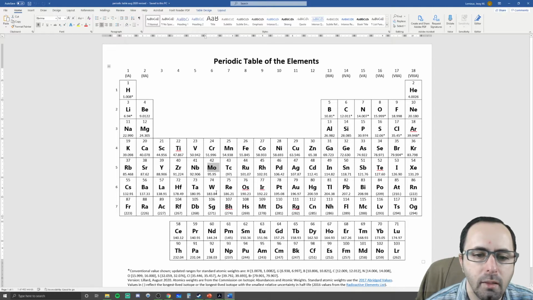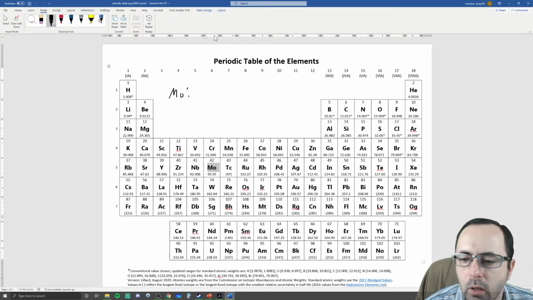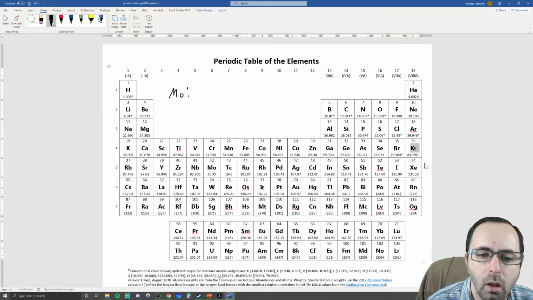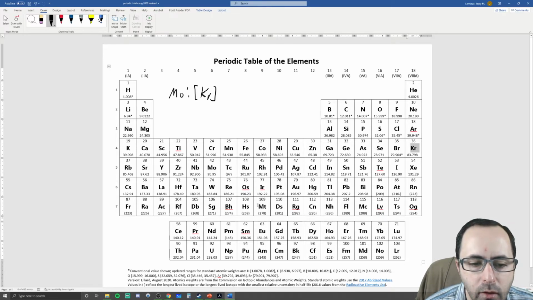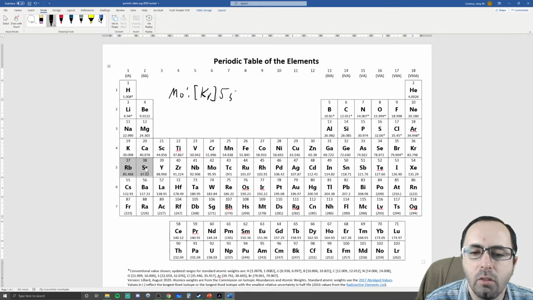To write the electron configuration for molybdenum, we would go to the row right above, look for the noble gas, it's krypton, so we write brackets krypton. And then we read underneath, so we're in the 5th period. This is the S area here, so we'll say 5S2.